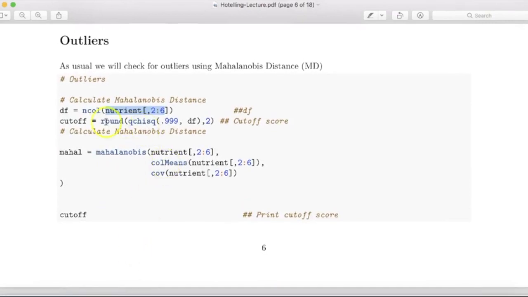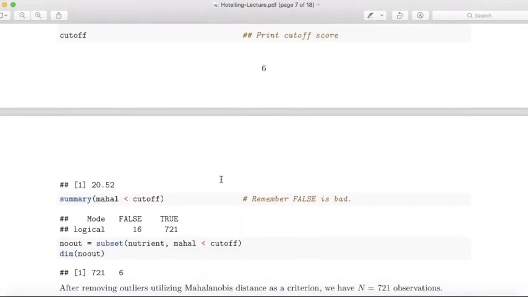So here's where I get my cutoff to compare my Mahalanobis outliers to. Nice, I call it cutoff. Then I use the Mahalanobis function on nutrient, only the columns that actually have data. I use summary to compare each of the values that Mahalanobis distance found to the cutoff that I selected, and it found 16 outliers.